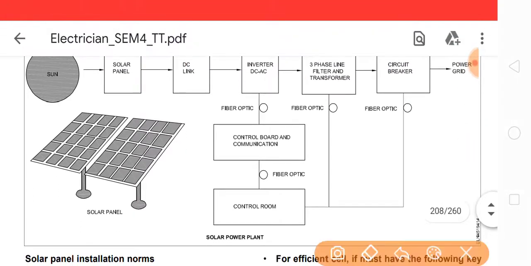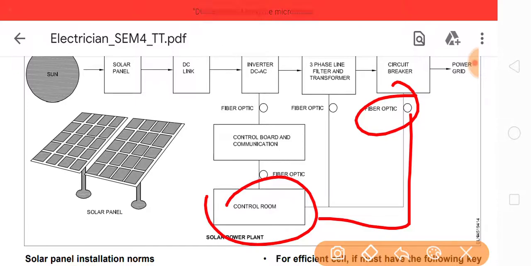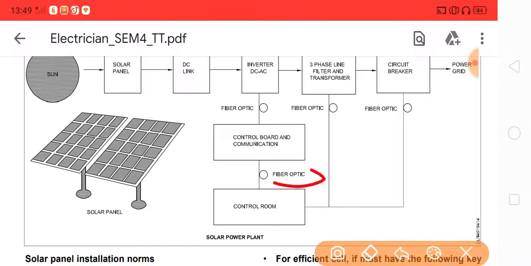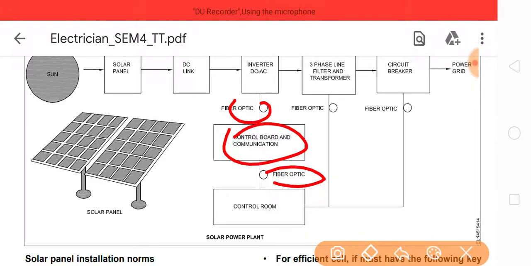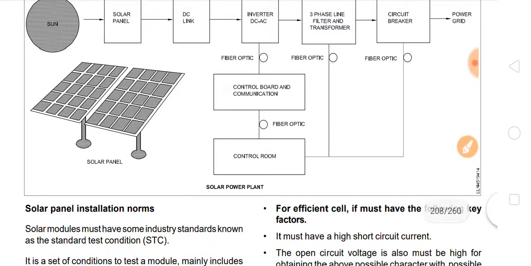The circuit breaker is connected to fiber optics, and this is connected to the control room, and this is connected to fiber optics, then the control board and communication, and the fiber optics connected to the inverter DC-AC, and the control room is connected by fiber optics to the three-phase line, filter and transformer. This is the picture of a solar power plant.